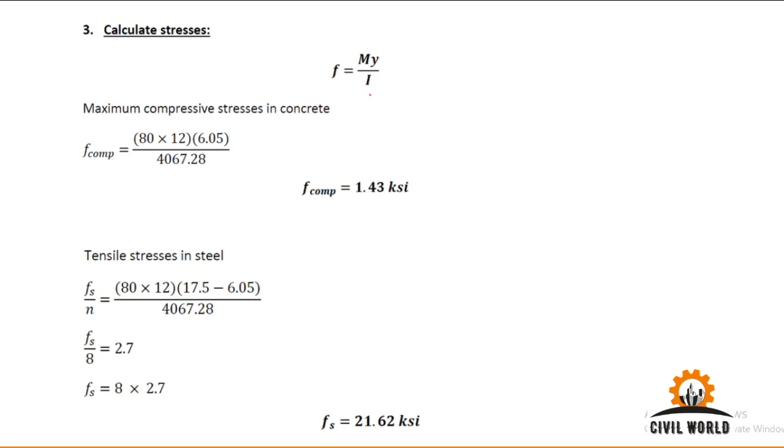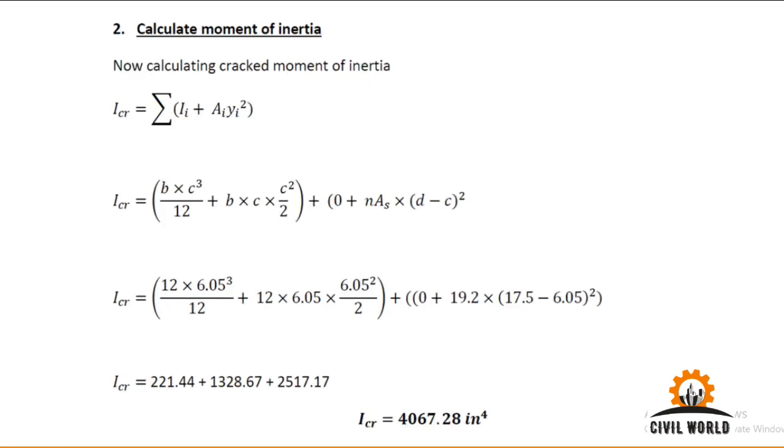And then you have to use a moment of inertia, and in this case, as we have a cracked section, you have to calculate the cracked moment of inertia. You cannot use gross moment of inertia because concrete has already cracked, and calculating moment of inertia, you cannot consider concrete area below the neutral axis.